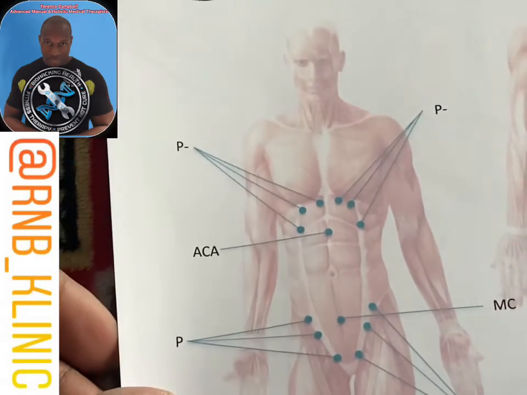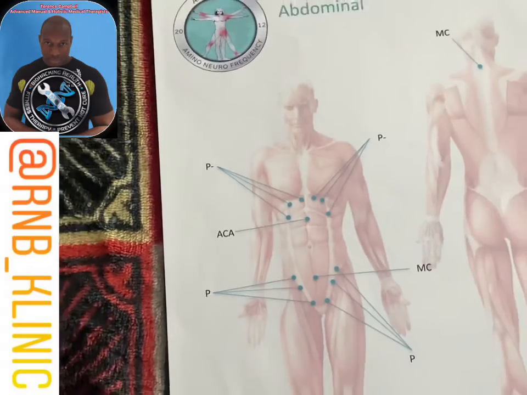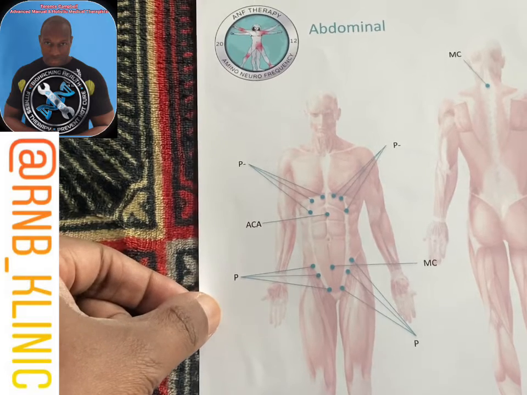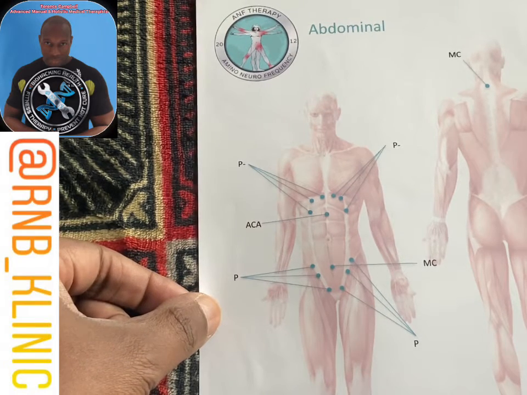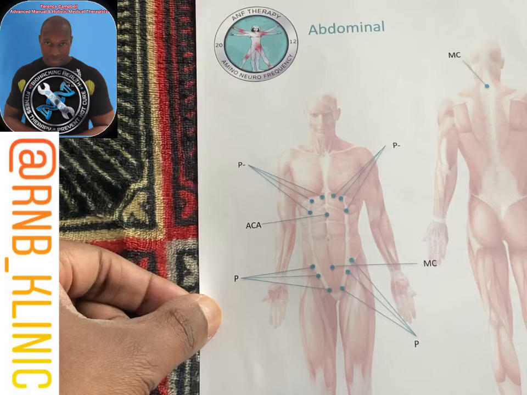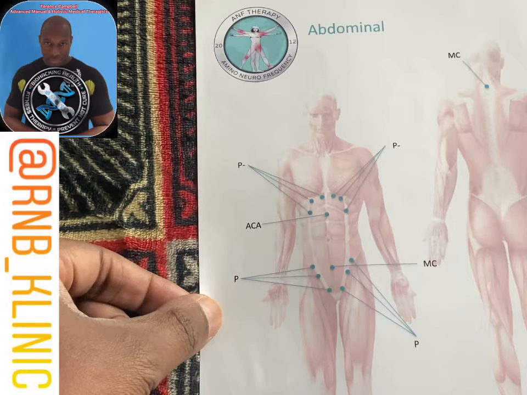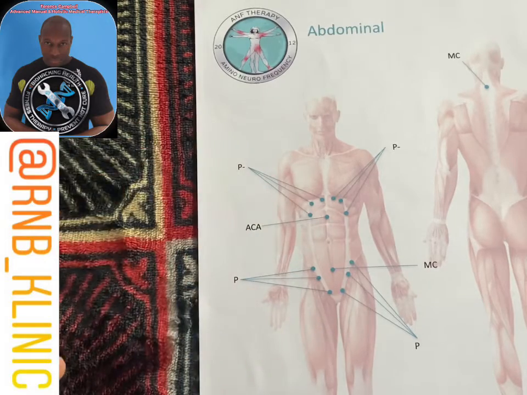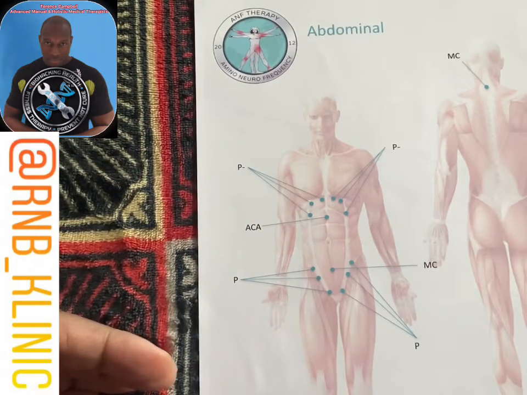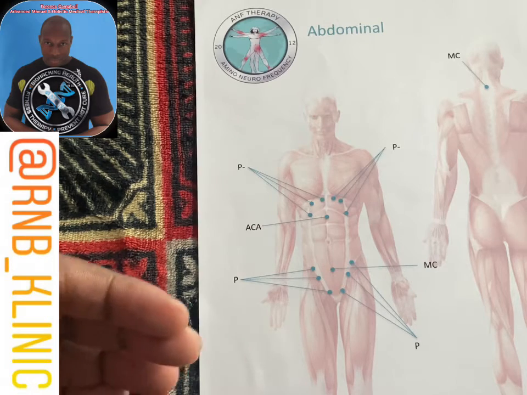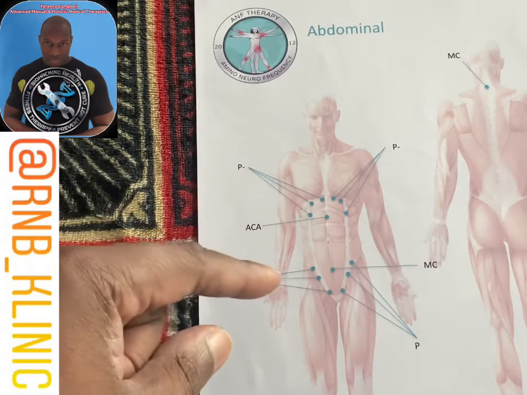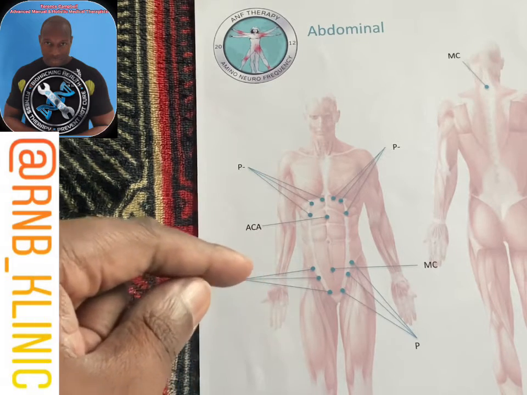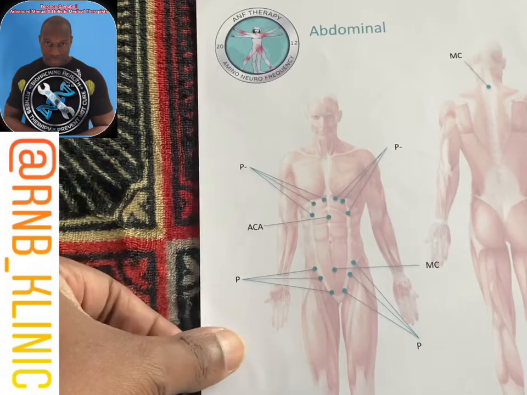This is a more involved protocol that we actually use for a number of different things. People with stomach complaints, pelvic area issues, gynecological issues, cysts, ulcers, a number of things where this has brought about a lot of success in managing people's pain.